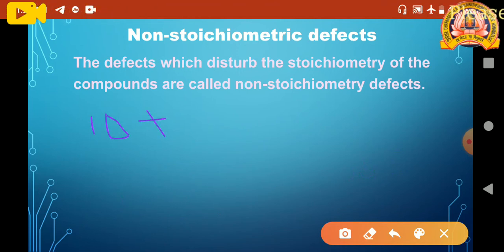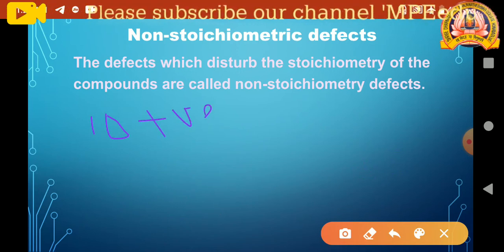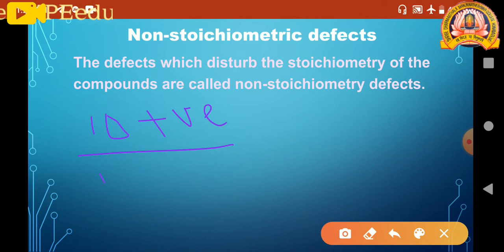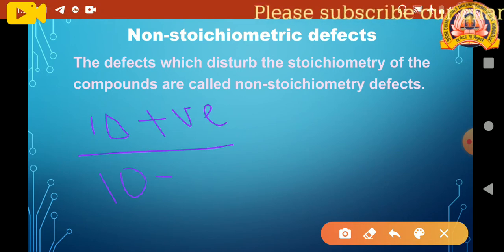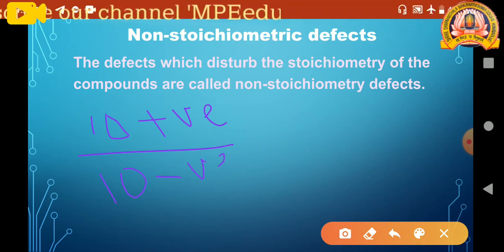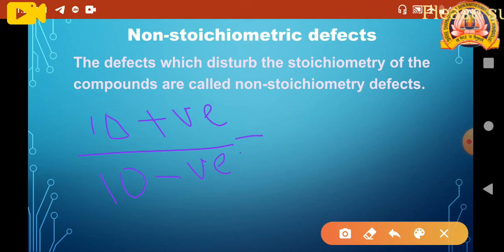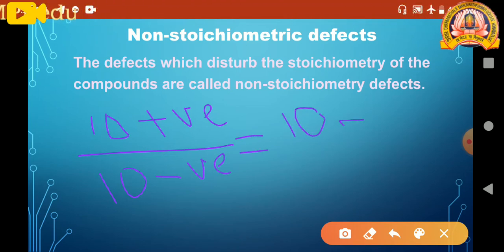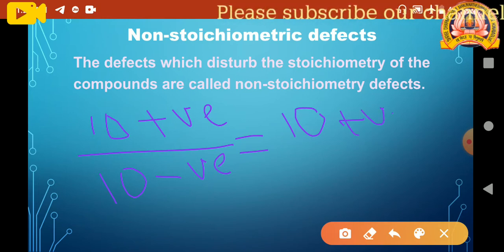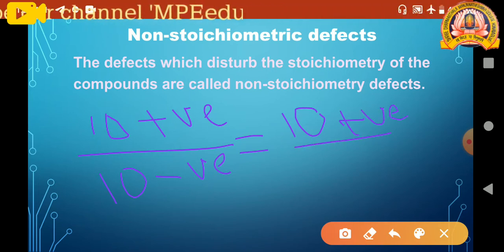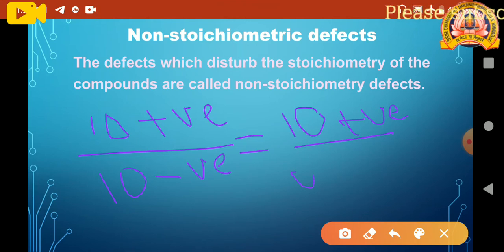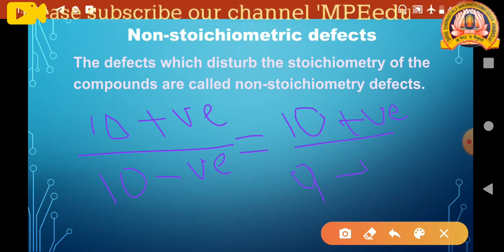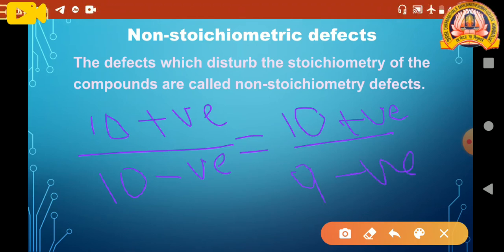But in the case of non-stoichiometry, the electrical neutrality is maintained by some other particle. For example, suppose a metal crystal contains 10 positively charged ions and 10 negatively charged ions.